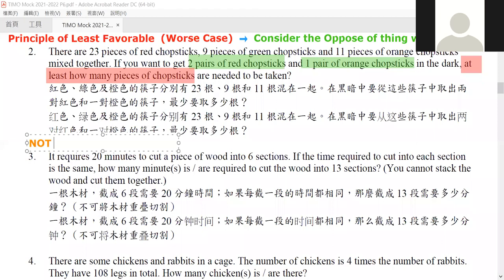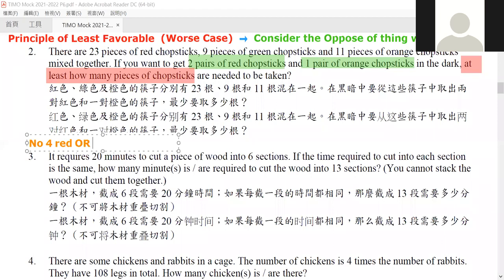It is no for red, because 2 pairs of red chopsticks means 4 red chopsticks. Now it doesn't need both of them to be true, only one of them is okay.